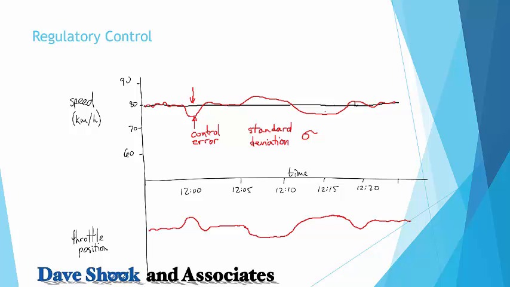For the purposes of this course, we will be using standard deviation of control error. We'll be looking a little bit at standard deviation of the change in the throttle position. So we can do the same thing, because we don't care about what the actual throttle position is, what the actual manipulated variable value is. It will be whatever it needs to be to control our controlled variable.